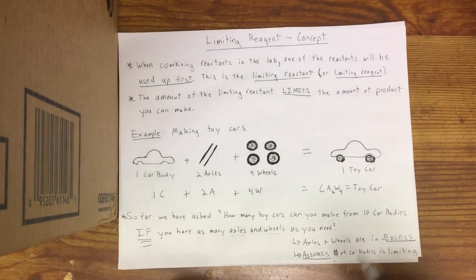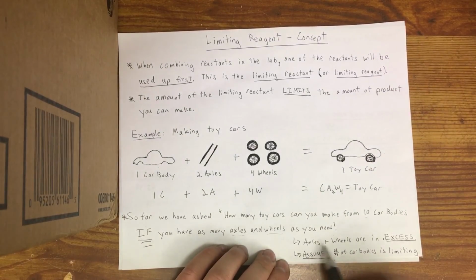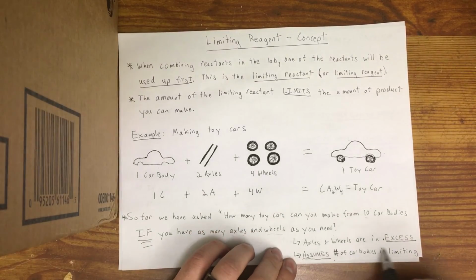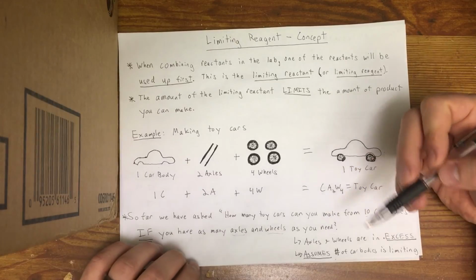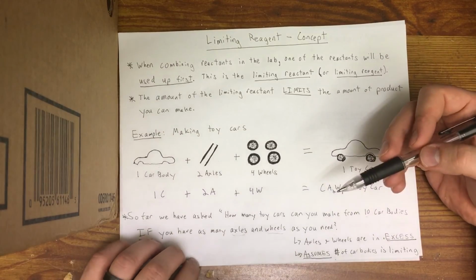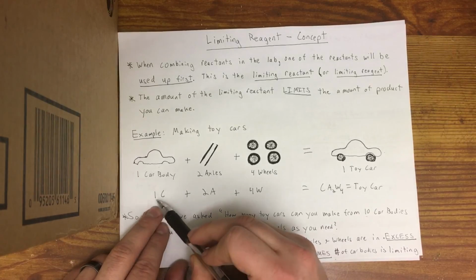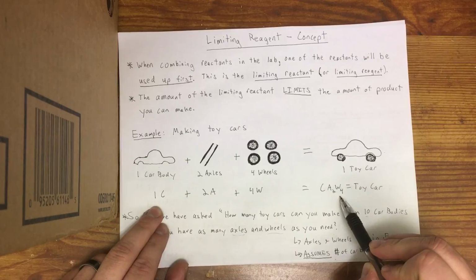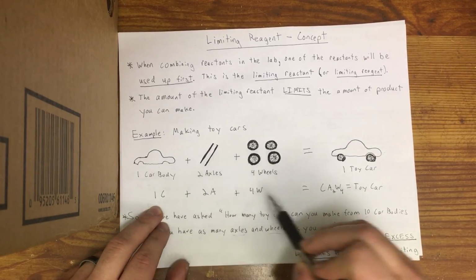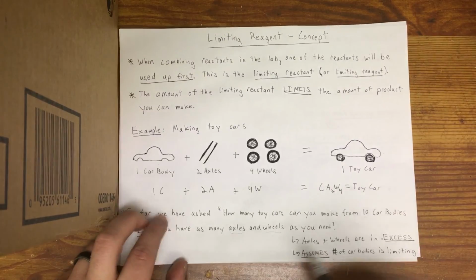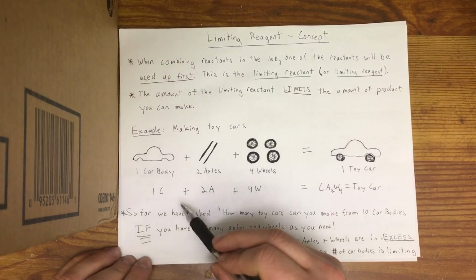The assumption is that the axles and wheels are in excess, and this question assumes that the number of car bodies limits the amount of toy cars that you can produce. So if we look at this chemical equation, for every car body we have, we can make 1 toy car. If we have all the axles and wheels that we need, essentially infinity axles and wheels, how many toy cars can we make from 10 car bodies?